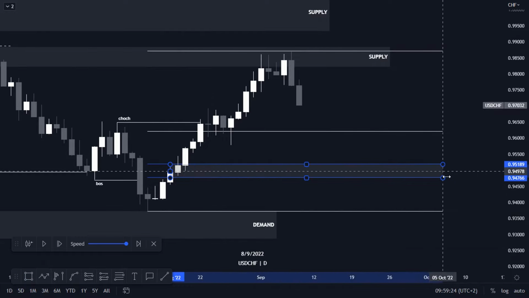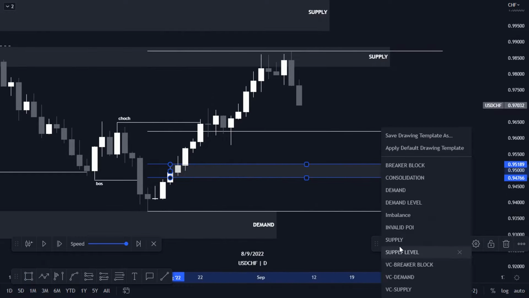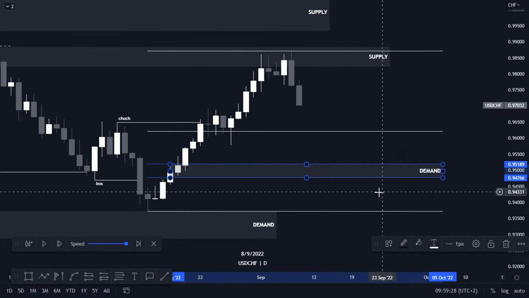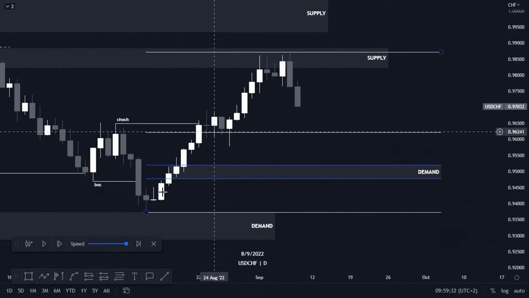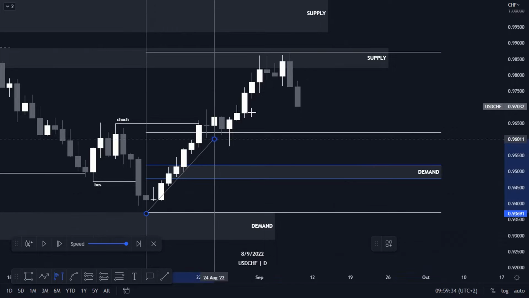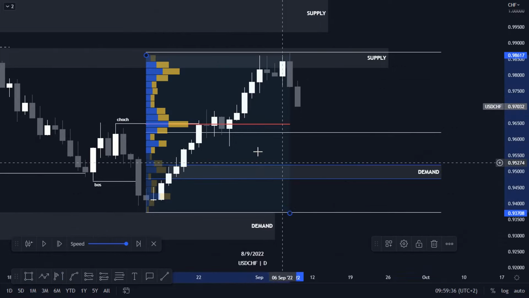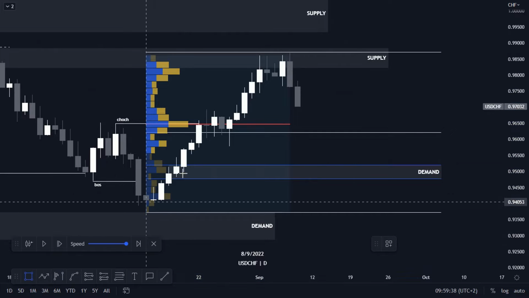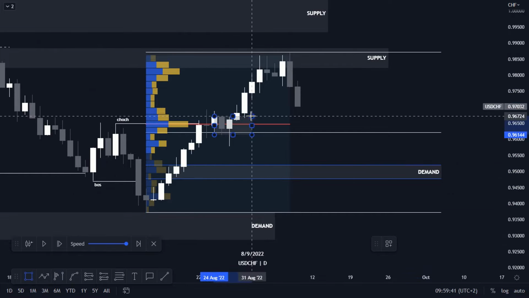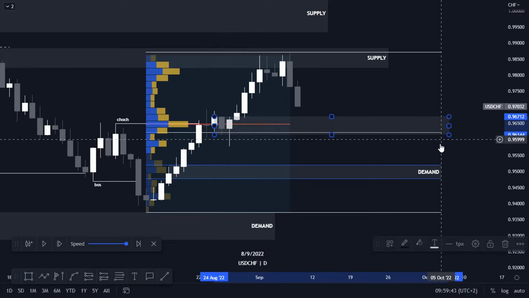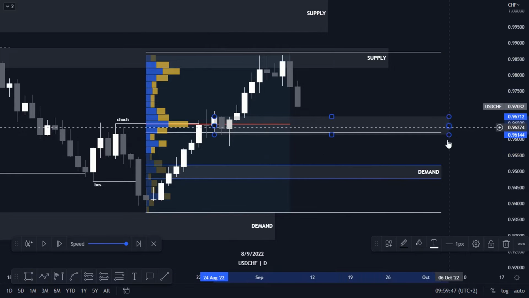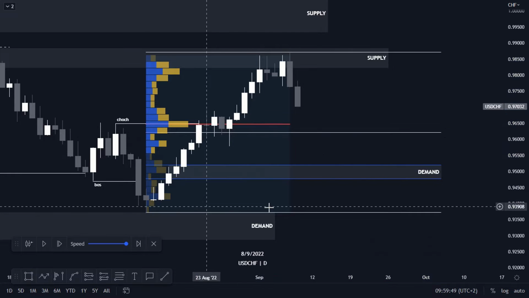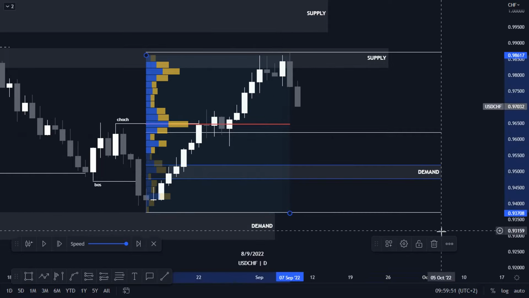As you can see, this demand level is also at our discounted price, meaning that this volume profile demand area is invalid because it's at our premium price and it's at our equilibrium price, meaning that it's invalid. Okay, now let's see what the market does.